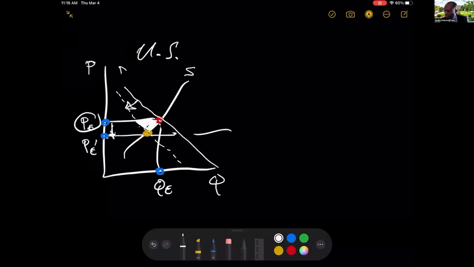You now have a new equilibrium here, PE prime, but your price of your products is still here. If you keep your prices here and the new equilibrium is below that, then what happens? Any guesses? So here's the old equilibrium, and this is the new one.